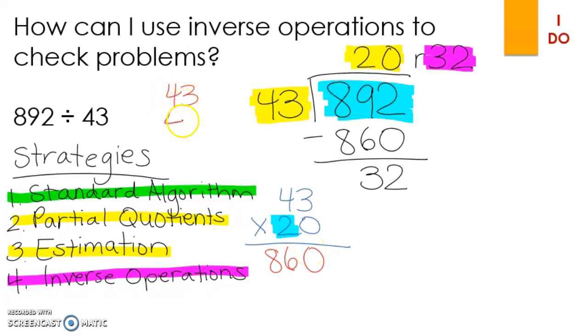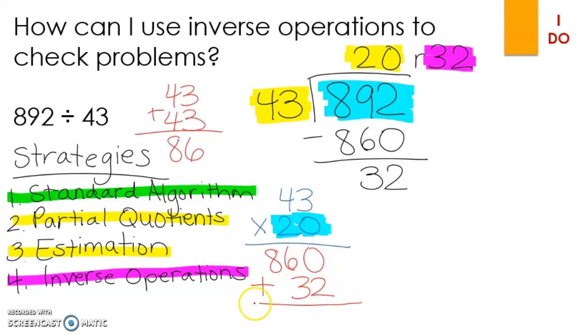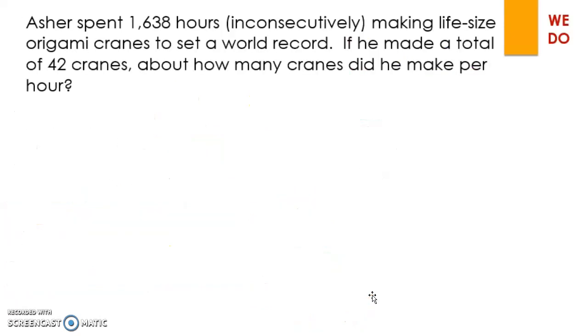Because we know that multiplication is just repeated addition. 43 plus 43 is 86. And then we learned in chapter 1 about the little rule about the 0. So we have 860. We should be able to add the remainder, which is 32. Is it 892? Yes. So we've used an inverse operation to check the answer to see if we are correct.